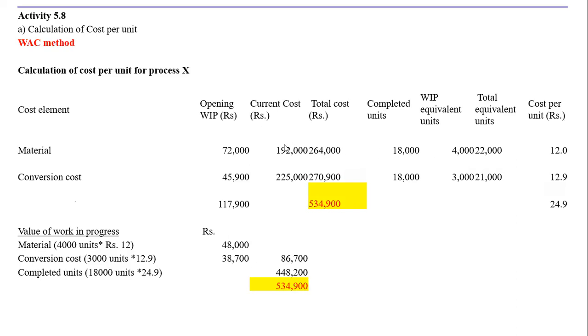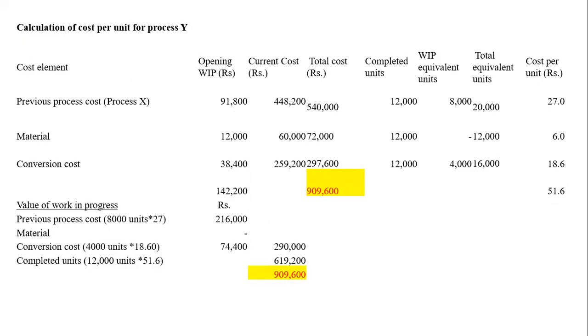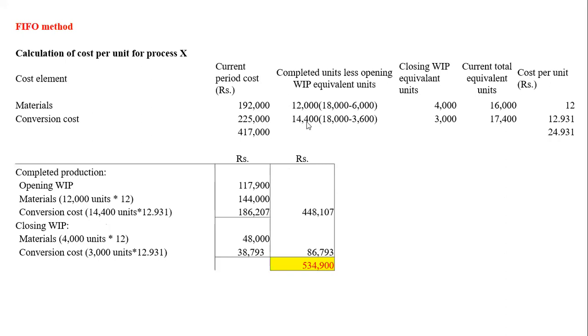The question tells you that 18,000 units were produced within the period from process X. But under the FIFO method, during the period, 6,000 units were incomplete from the opening. So therefore, what was completed during the period were only 12,000.